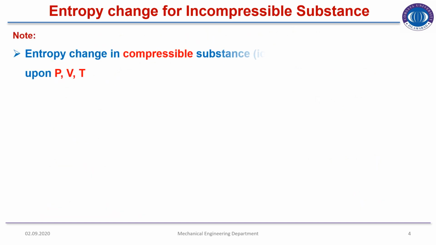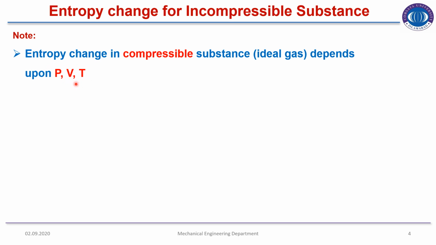So note the entropy change in compressible substances, that are ideal gases or vapors and others. Entropy change for compressible substances that include ideal gas depends upon pressure, volume and temperature.